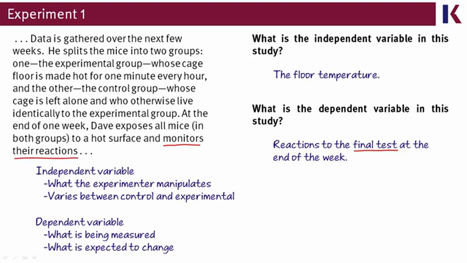You might be speculating that the mice actually became acclimated over time, and so their reactions actually reduced over the full span, started off high, then gradually got low, but the dependent variable here is really just at the very end, because that's when he measures it.